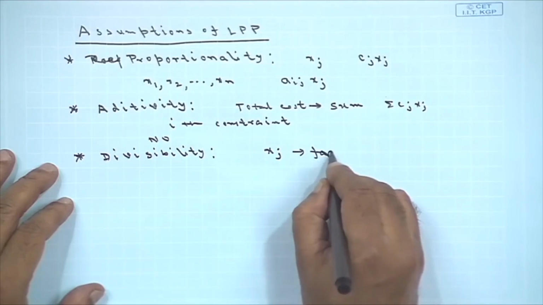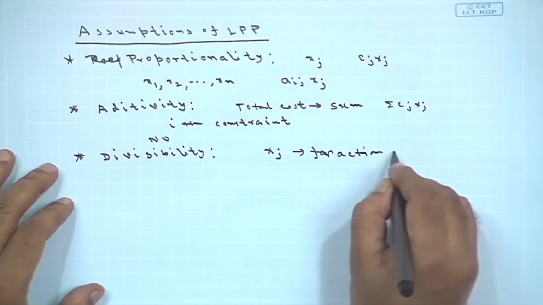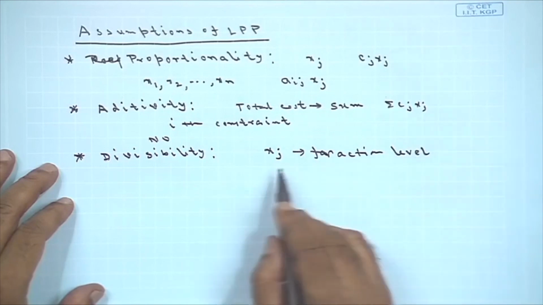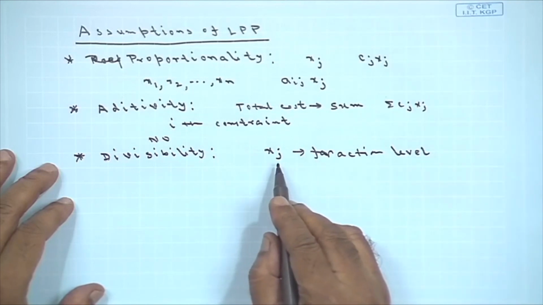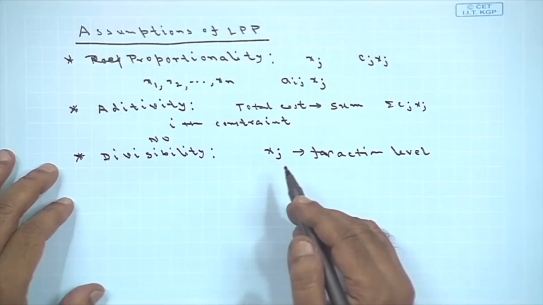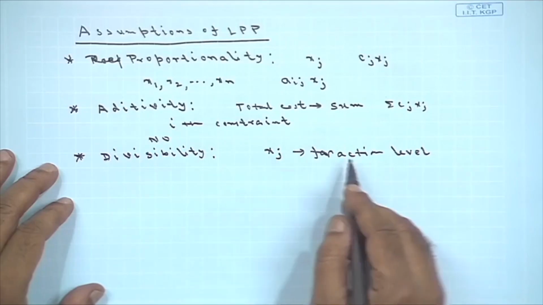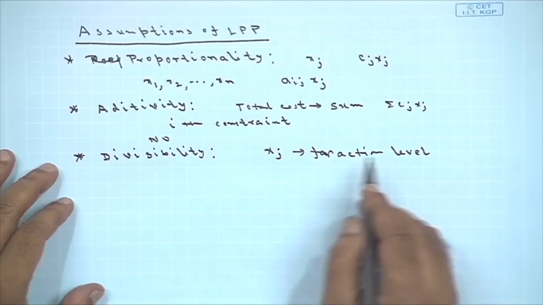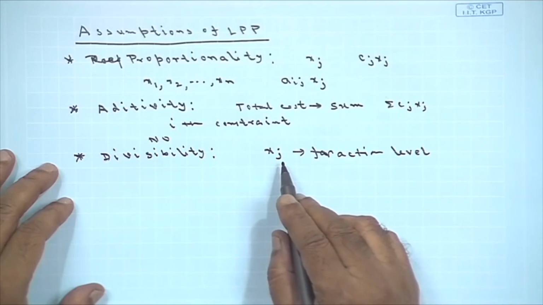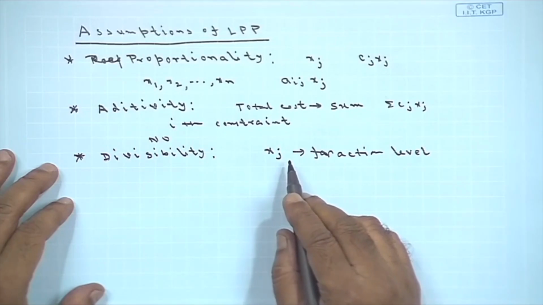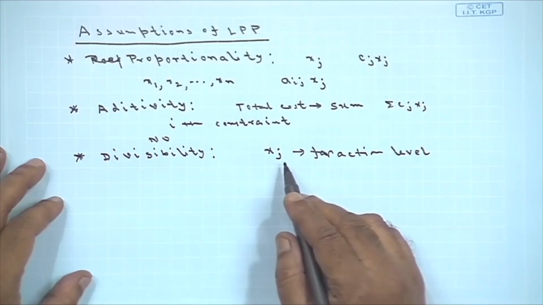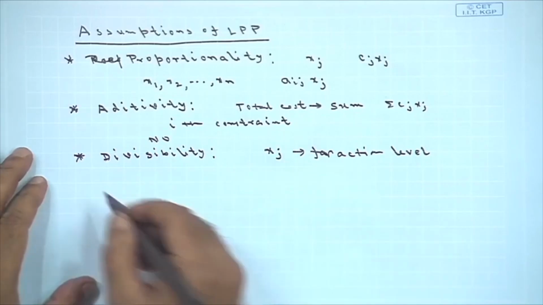That means it can take non-integer values also. In other words, the decision variable can be divided into fractional values, so xj can take non-integer values, not only integer.